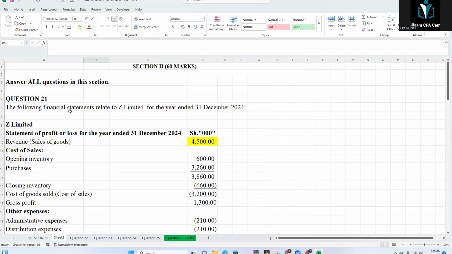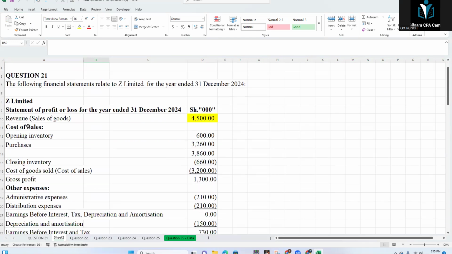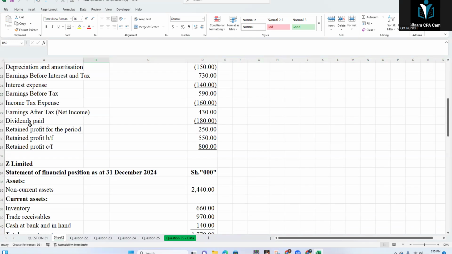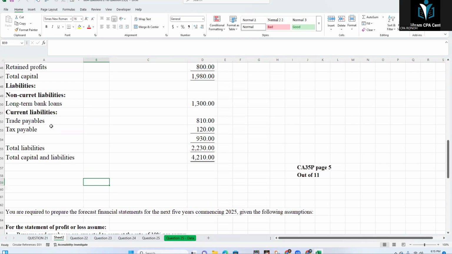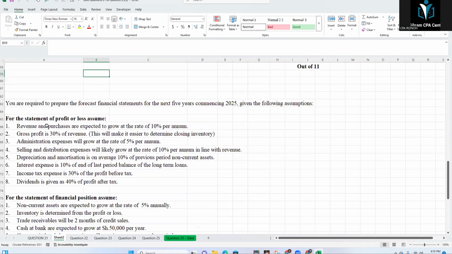You have been told the following financial statements relate to the company for the year ended 31st December 2024. So they have given us the financial statements. Good. Now you are required to prepare the financial forecast for the next 5 years commencing 2025, given the following assumptions.